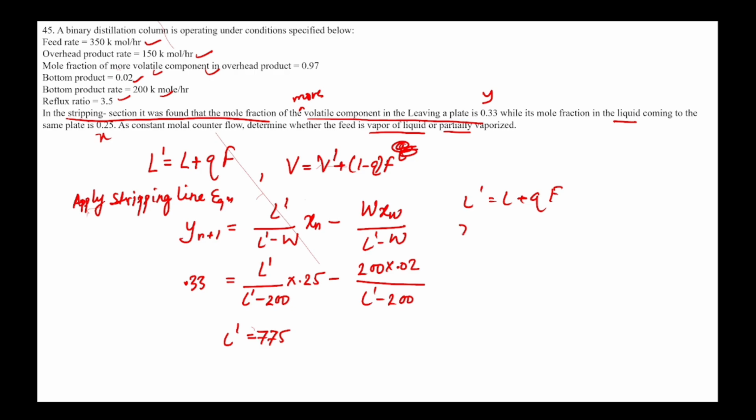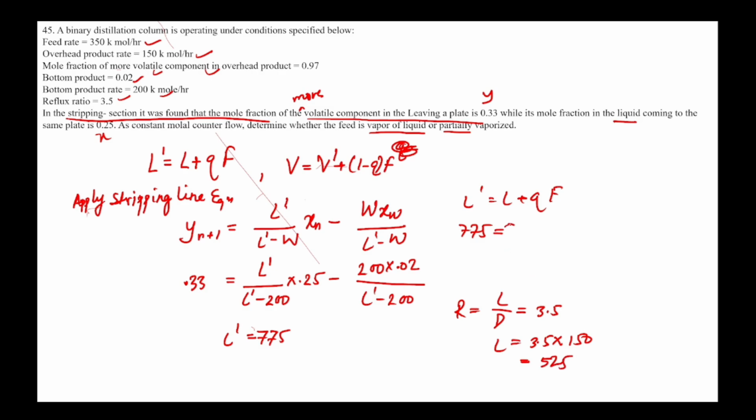Now L dash is equal to L plus QF. We have L dash 775. We need to find L. So R is equal to L by D. The reflux ratio is 3.5, so L is equal to 3.5 into D. D is the overhead product rate, 150. That gives 525.